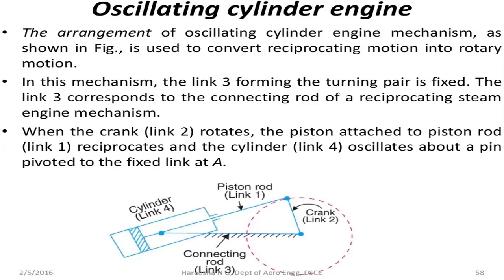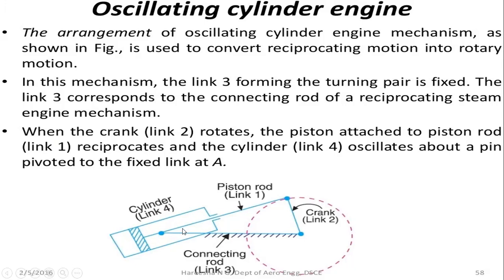So here we are taking it as four links. You can see it in the picture also. Link 1 is the piston rod. Link 2 is the crank, which is connected to a wheel, and link 3 is the connecting rod, which is the fixed link, and link 4 is the cylinder.